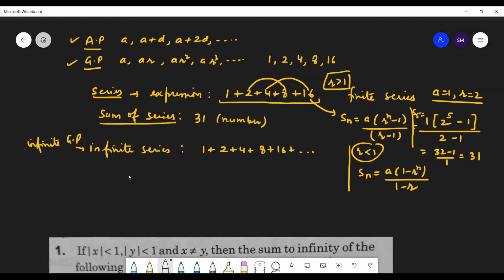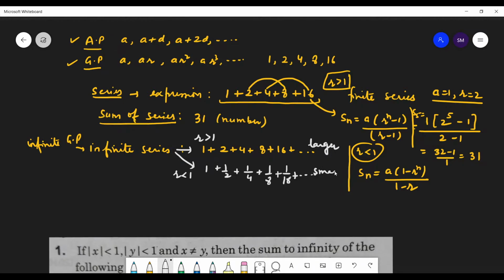Yes, sir. Okay. Now we have two cases in infinite series. One is the series where r is greater than 1, and another series is where r is less than 1. You can see that here the number is getting larger and larger.